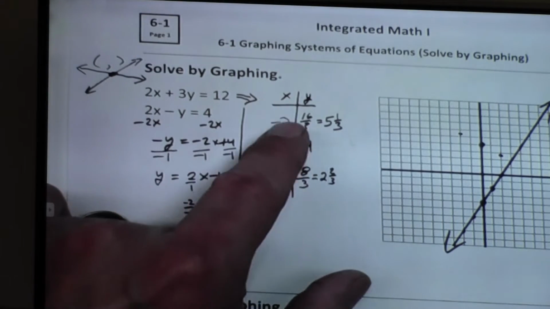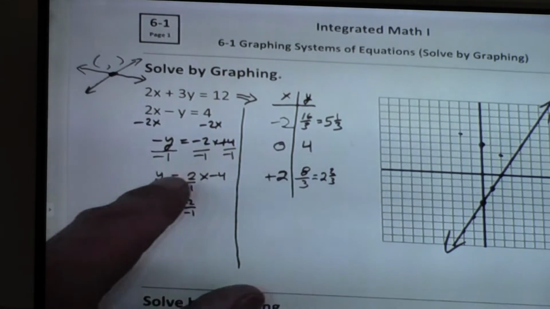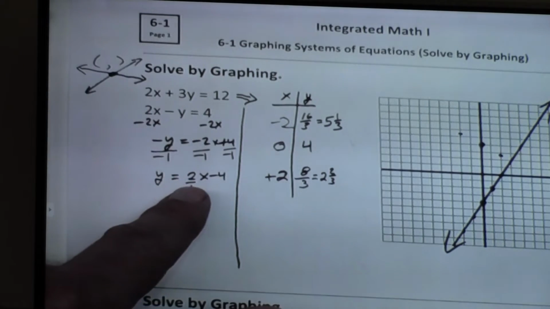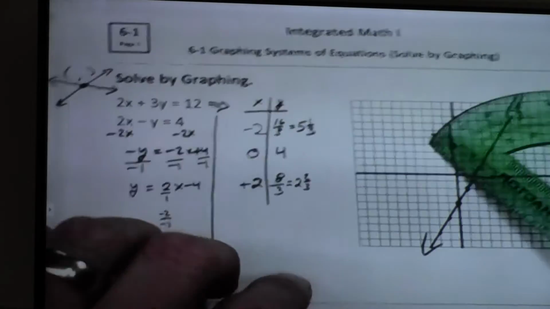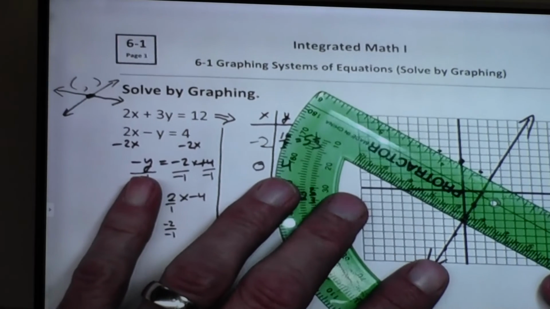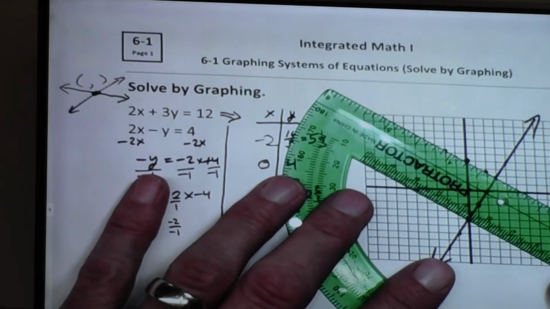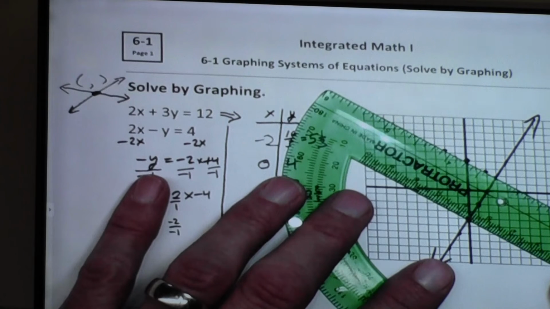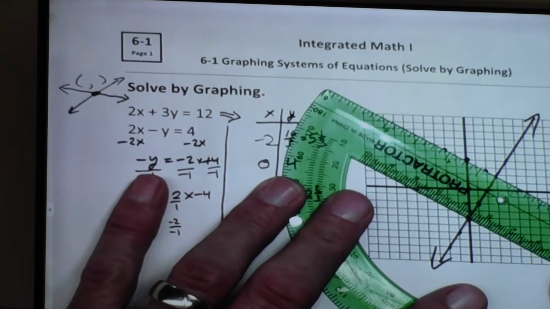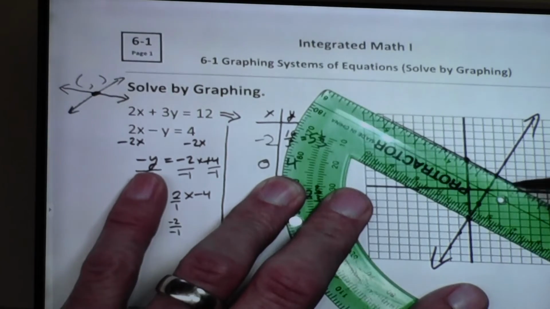Sometimes you can get numbers that do not have fractions or decimals, but doing it with the slope and intercept, to me, is a good deal easier than this method. It is entirely your choice which method you wish to do, though, as long as you can get the correct line drawn in the right place.